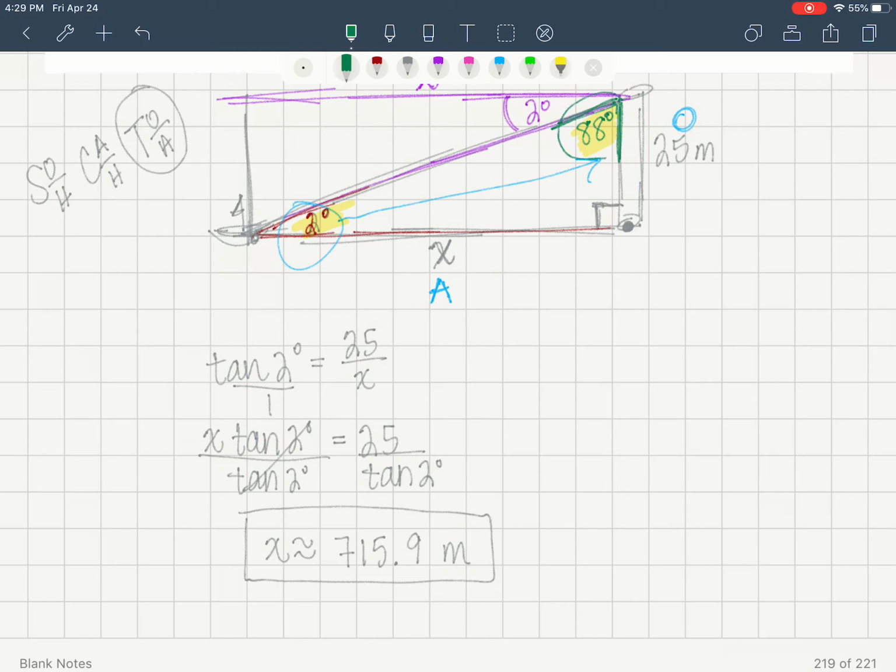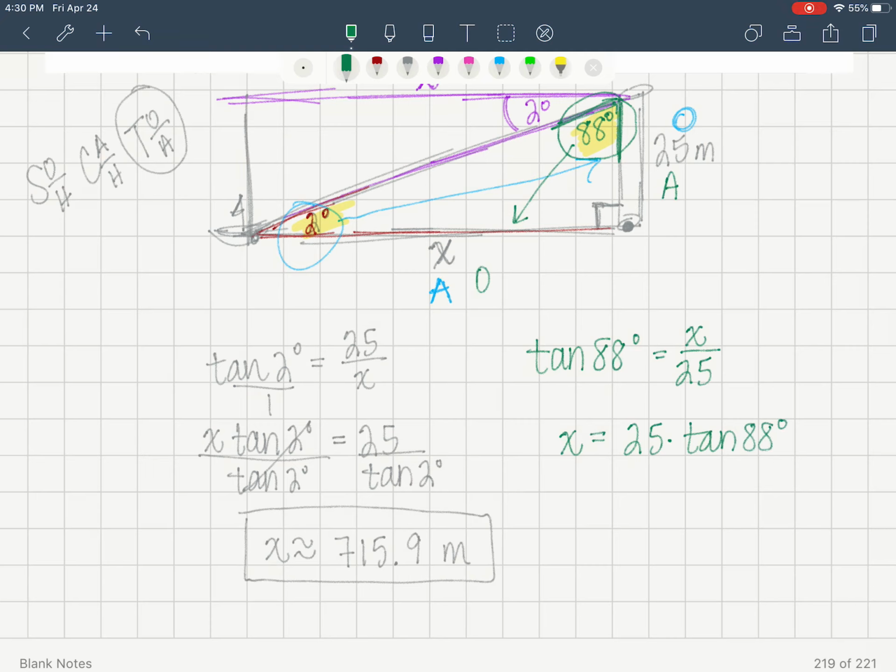So if 88 degrees became my reference angle, x would be the opposite side and 25 would be the adjacent side. So I'd have the tangent of 88 degrees is equal to x over 25. Now when I cross multiply and divide, I get x equals 25 times the tangent of 88 degrees.